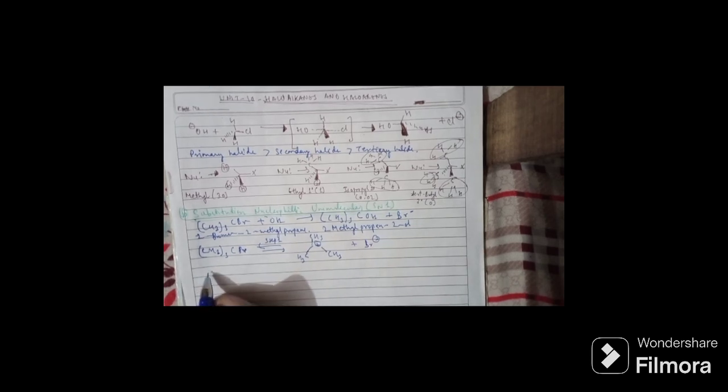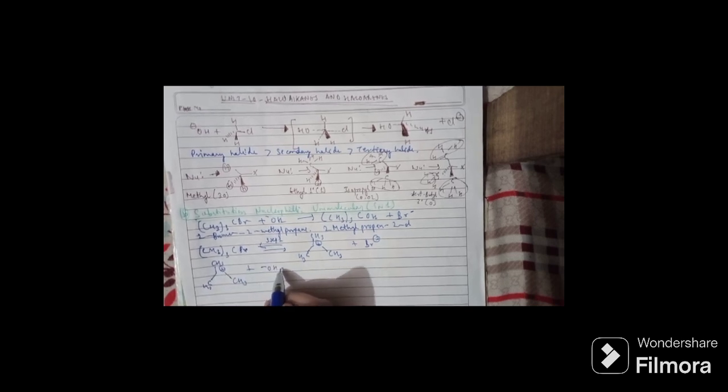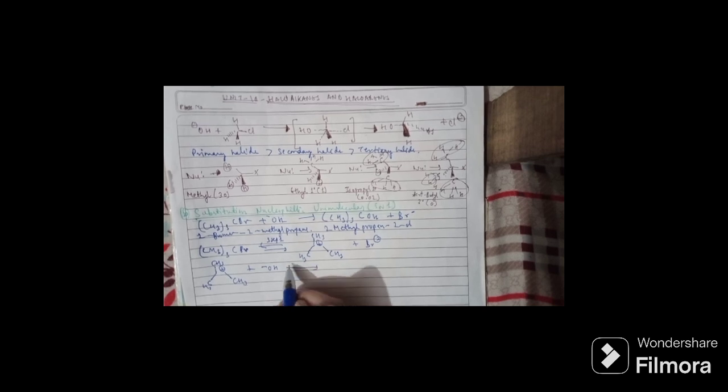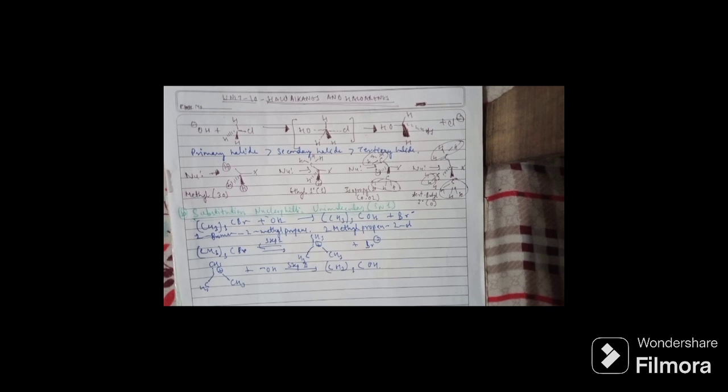Now we have (CH3)3C+ plus OH-. Step 2 will give (CH3)3COH. And so here it is.